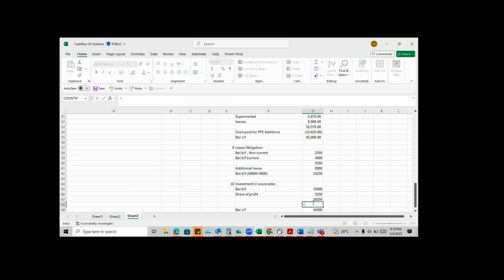What must have happened was we must have deducted the dividend received from associates.